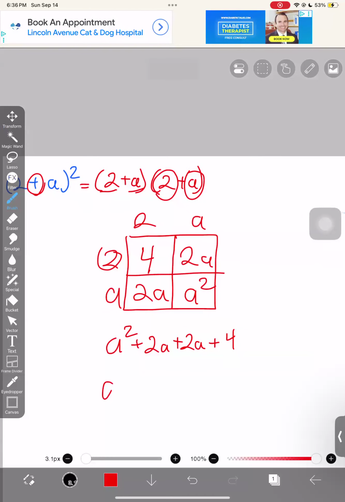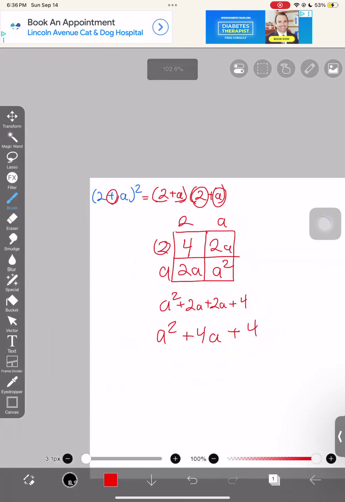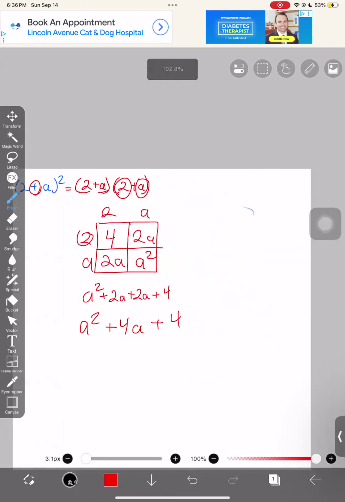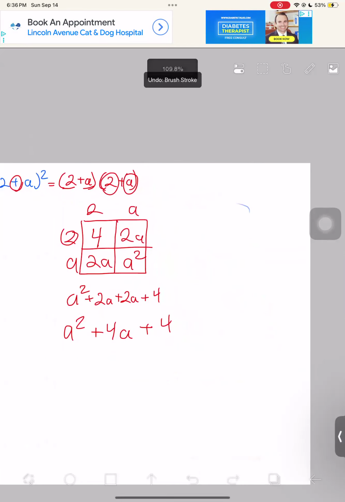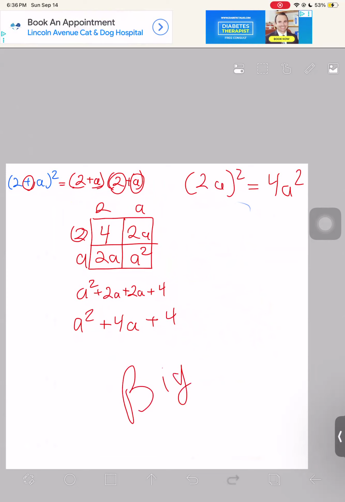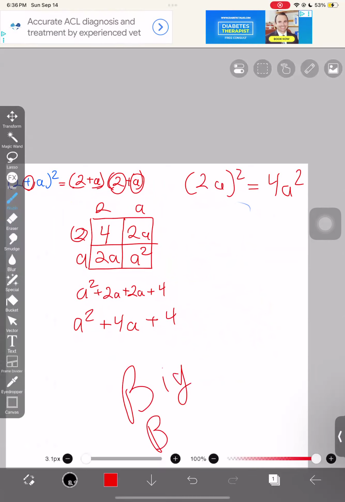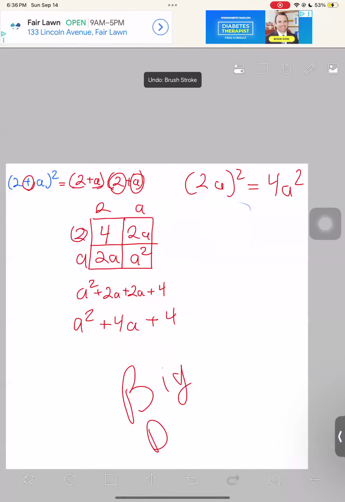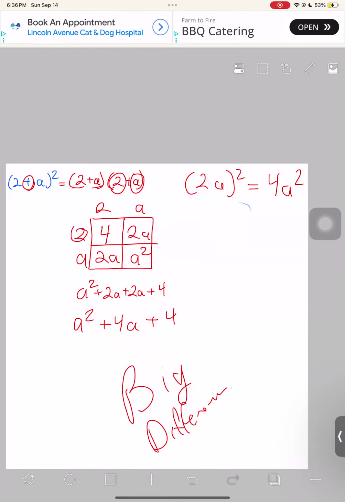At the end, we have a squared plus 4a plus 4, which is totally different from something like this, which is just this. So big difference. These two are not the same.